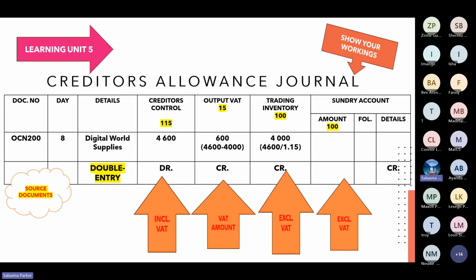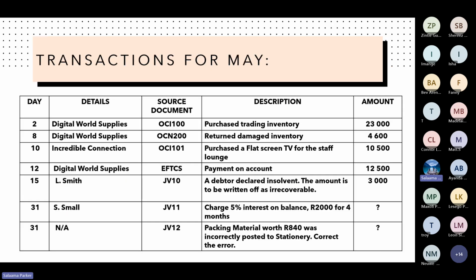Okay, then the last transaction, sorry, second last transaction that we had, not forgetting we did a payment now. So we recorded our credit purchases, we recorded our returns, and now we did a payment on our account. Okay, EFT.